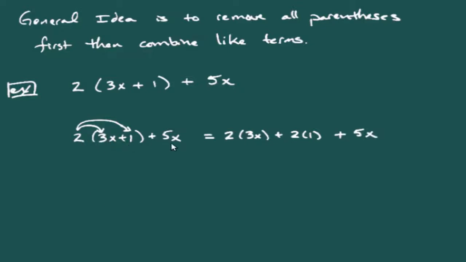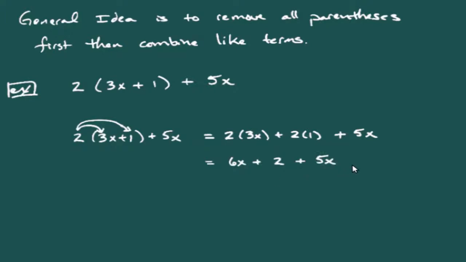Now, the 2 doesn't multiply the 5x, because the 2 is only going to multiply the things that are in the parentheses. The 5x is not inside, so the 5x doesn't get multiplied. So we've got 2 times the 3x plus 2 times 1 plus our 5x on the end. So 2 times 3x gives us 6x plus 2 plus our 5x.